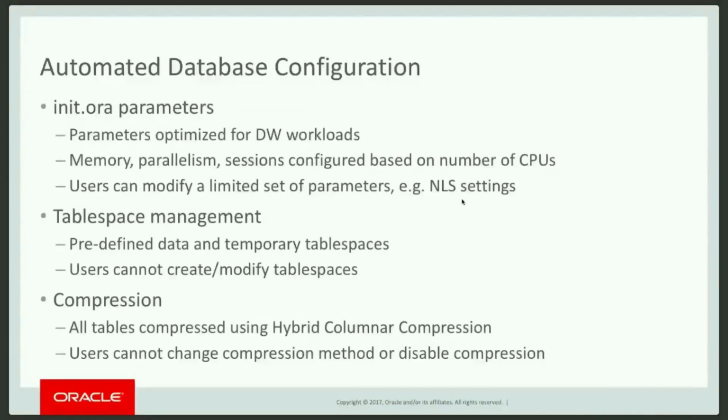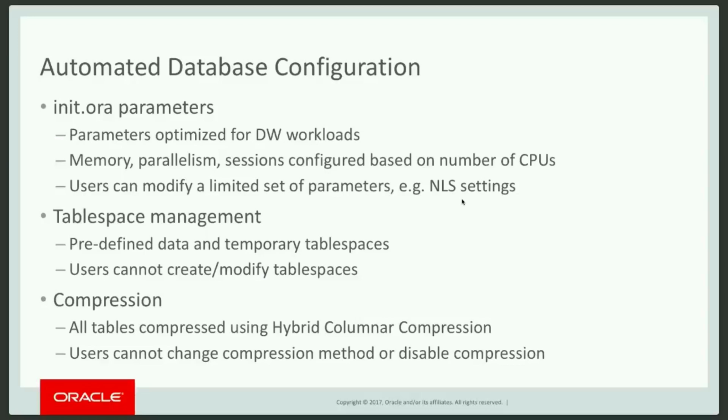So remember when we built the Autonomous Data Warehouse, it comes pre-configured. So if you're used to, as a DBA, maybe tweaking init.ora parameters, those are offline. Everything's set up pre-configured. The resource groups control how your data warehouse workload is managed in terms of memory, parallelism, etc. That's all based on the number of CPUs that you give it.